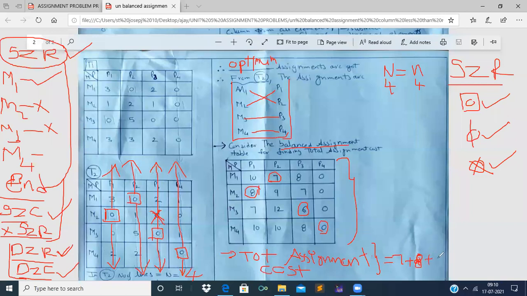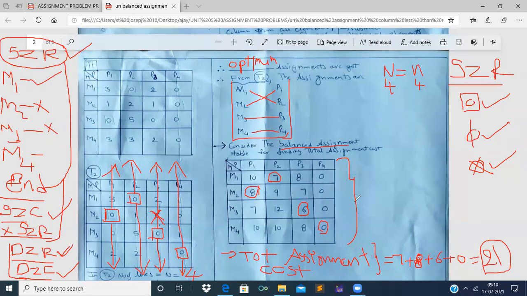Now 6 plus 0. 7 plus 8 plus 6 plus 0. It is the total assignment cost. And here we have to add up all these four elements, right? 8 plus 7, 15. 15 plus 6 is 21. So it is the total assignment cost.